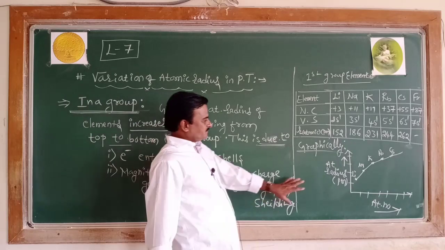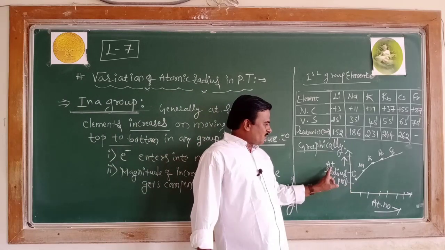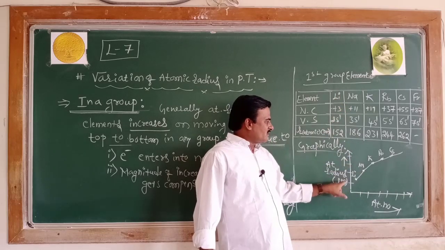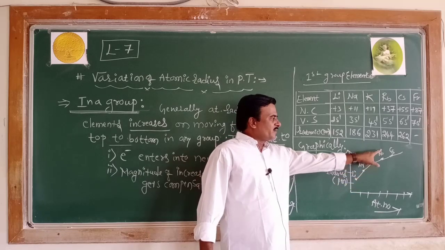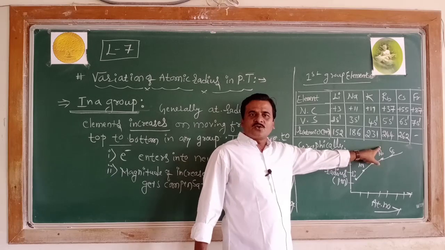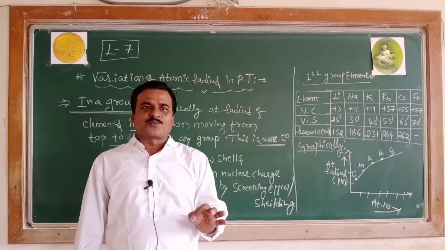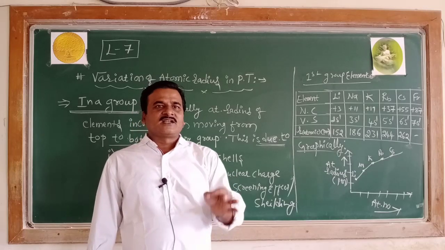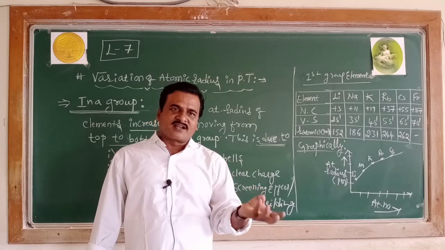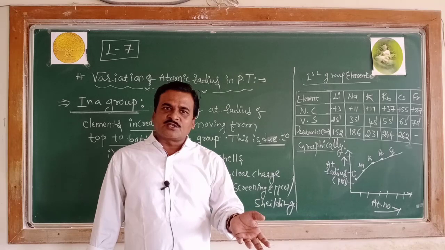This graphical representation also indicates that on plotting atomic radius against atomic number in a group, the curve shows a peak which is going in increasing order. This is how the atomic radius of elements in any group increases moving from top to bottom, due to electrons entering a new shell.